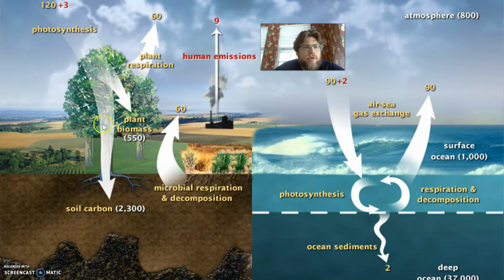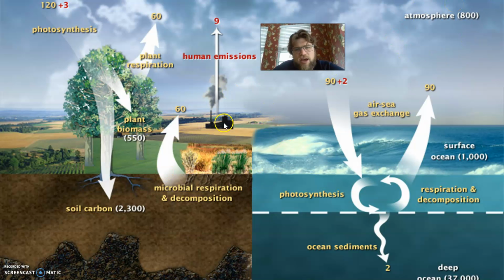Okay, or that carbon from a tree through death and decomposition can go into the soil carbon reservoir. And then microbes can chew that stuff up, decompose it further, and that through respiration releases carbon dioxide back into the atmosphere reservoir.